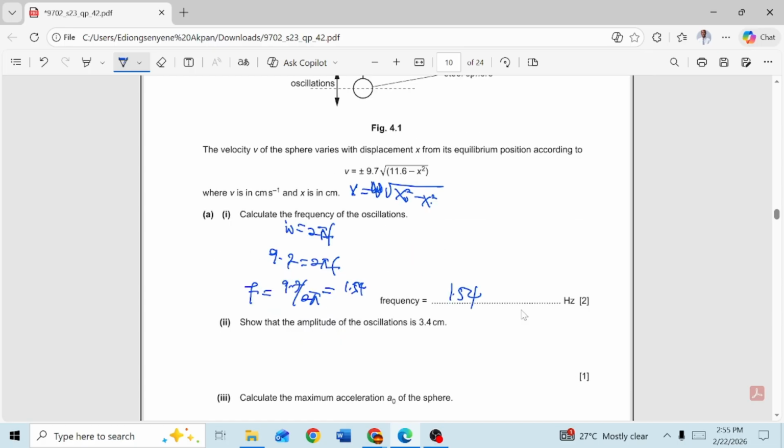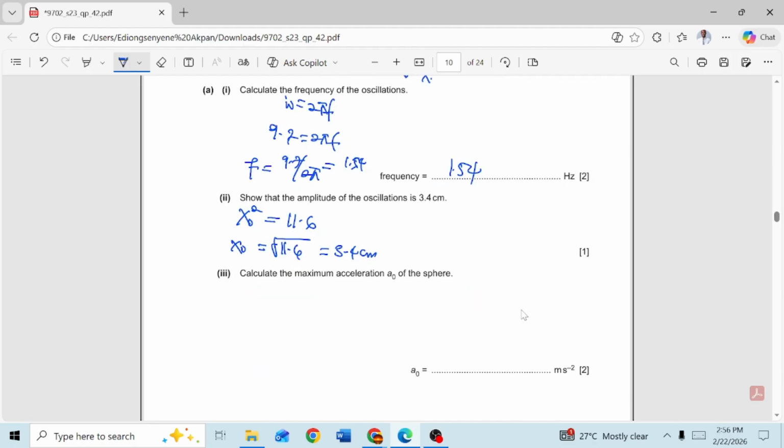Show that the amplitude of the oscillation is 3.4 centimeter. Looking at the expression that I gave you here, x naught squared equal to 11.6. x naught will be square root of 11.6. This is 3.4 cm.